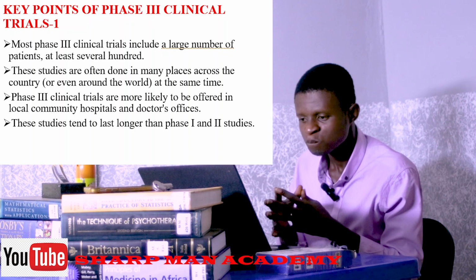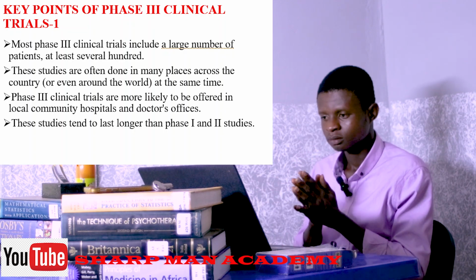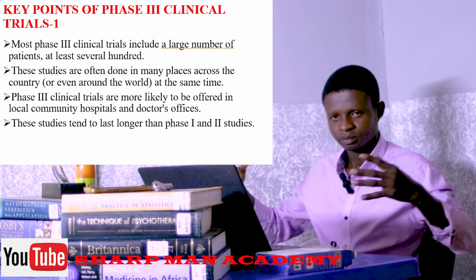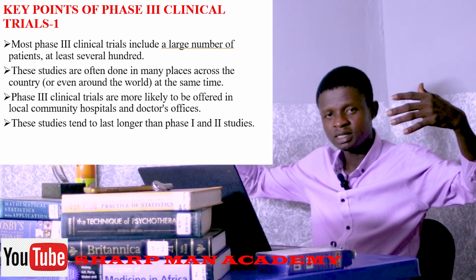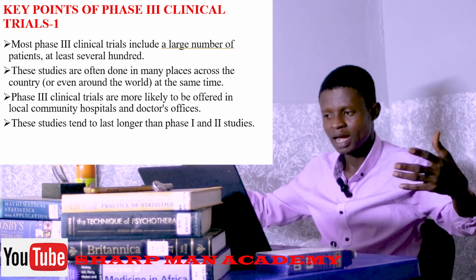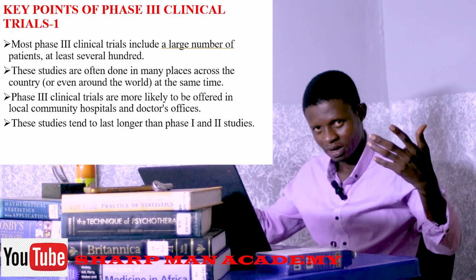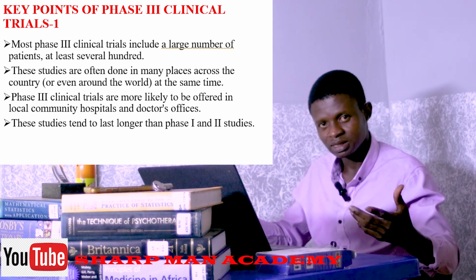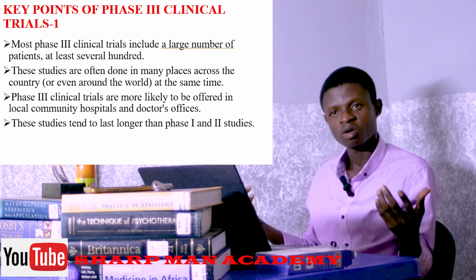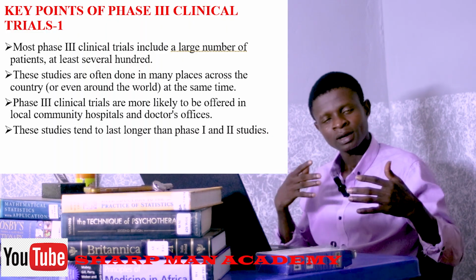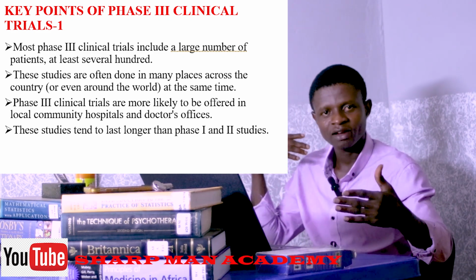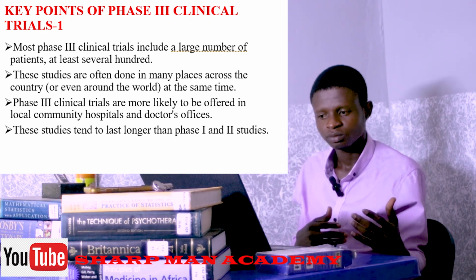In a phase 3 clinical trial, it is offered at the community level, or sometimes at health facilities, but mostly at the community level, because we are recruiting a large number of people. It is also very long, longer than phase 1 and phase 2.